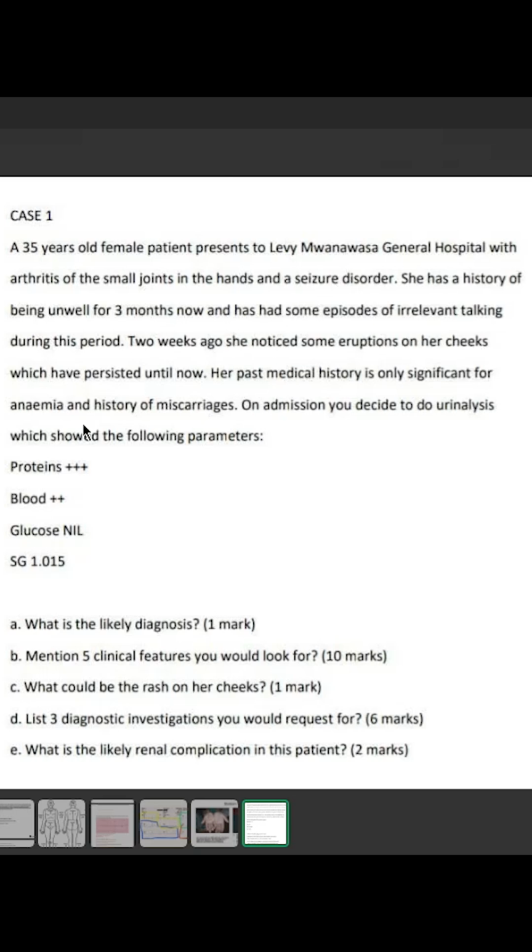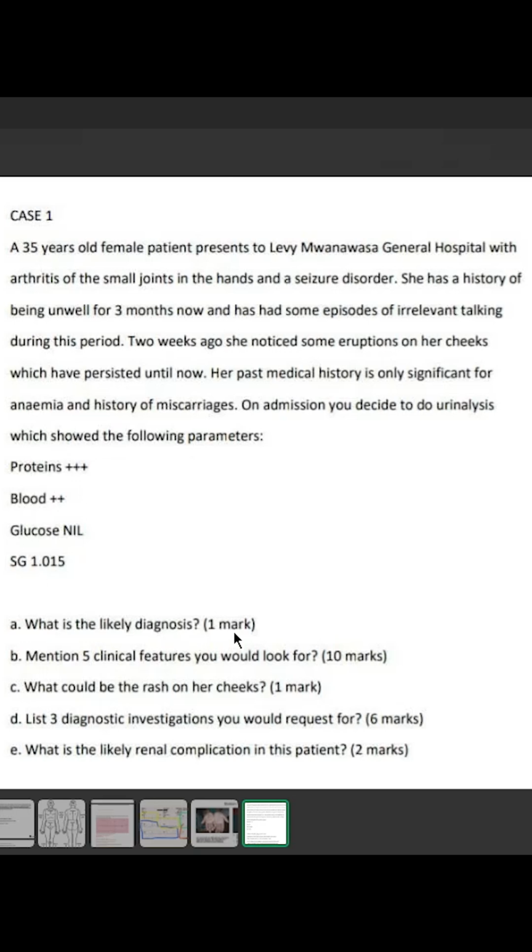And anything else? She has anemia and she has miscarriages. Remember antiphospholipid syndrome. Women of reproductive age, it would be a good thing to look out for miscarriages. The urinalysis is showing some sort of nephritic syndrome. Again, remember when it affects the kidney through that rapidly progressing glomerulonephritis, which can cause some kidney damage.